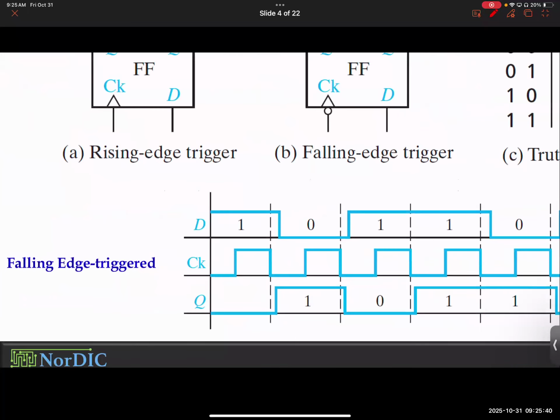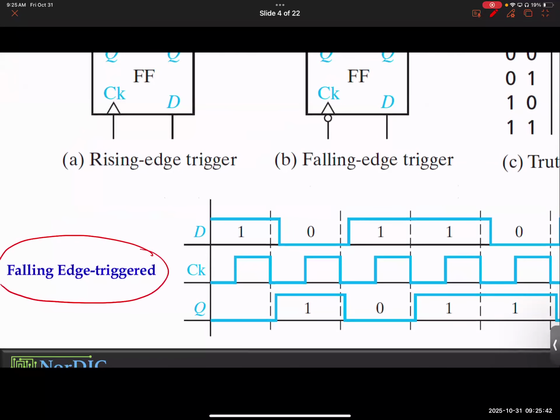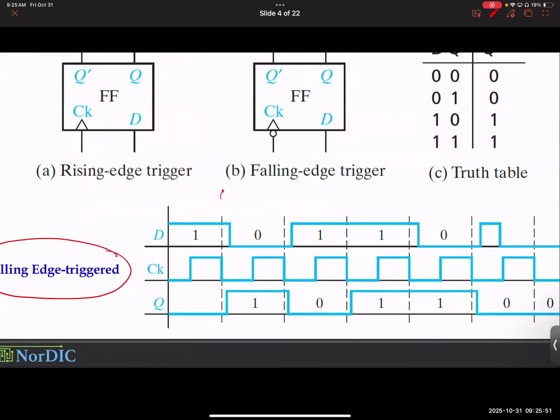Okay, and I gave you a hint that for this example, we're looking at a falling edge triggered flip-flop. I have to tell you, otherwise how do you know, right? So we should only look at the ones that are marked here, the falling edges of the clock, all right? So let's see.